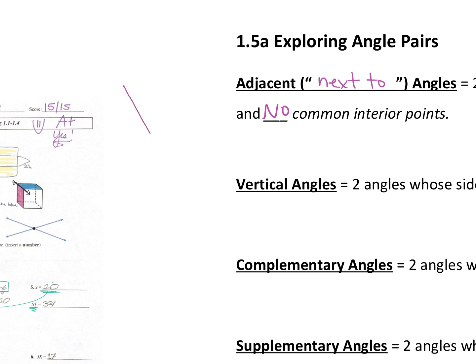because this is the one that gets confused the most. Let's say I have this angle, okay, angle ABC, and then I have this angle. So angle ABC and angle DBC are not adjacent.